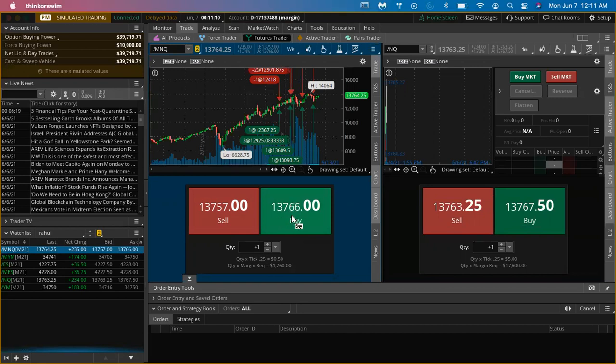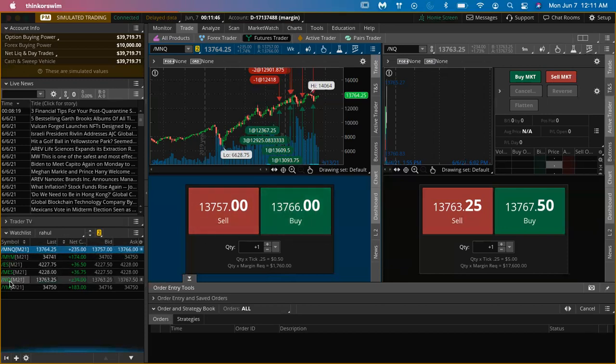And then the index goes $10 up, meaning from 13,766 it goes to 13,777. Then you are going to get $20 if you sell it there. Why? Because on each unit movement you are going to get $2, right? So for 10 points movement you are going to get $20. This is for the micro lot.